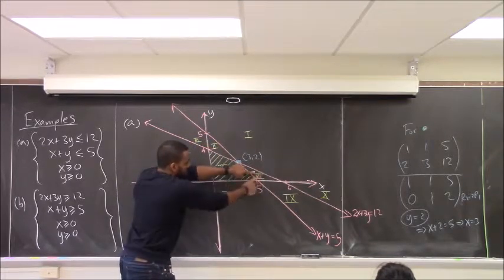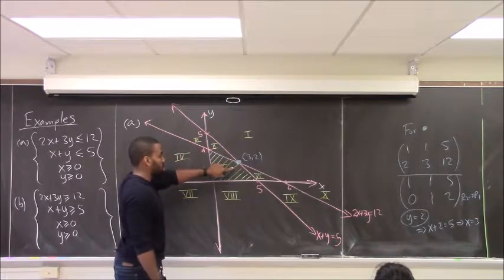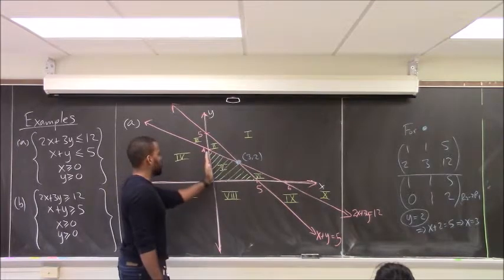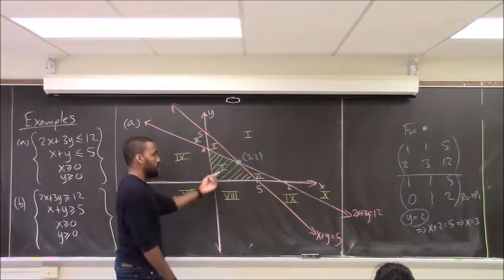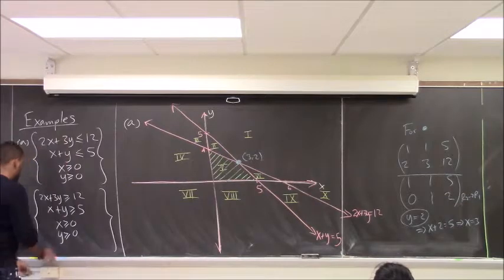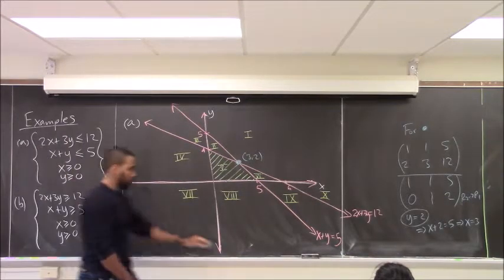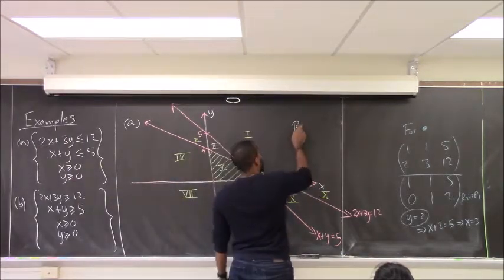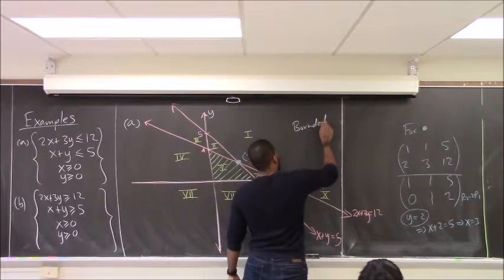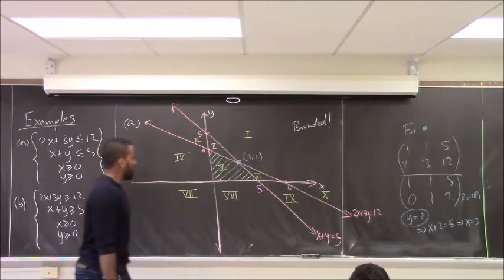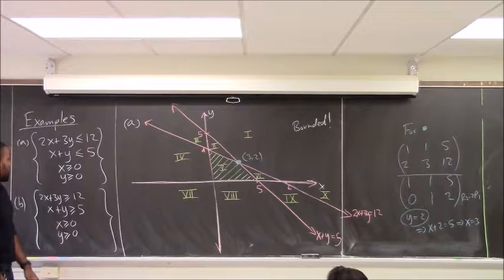Here I'm below that line, but not this one. So here I'm below both. At the same time, I want to be to the right of this line and above this line. That's going to be your solution region. It is bounded. So that should be what your A looks like.